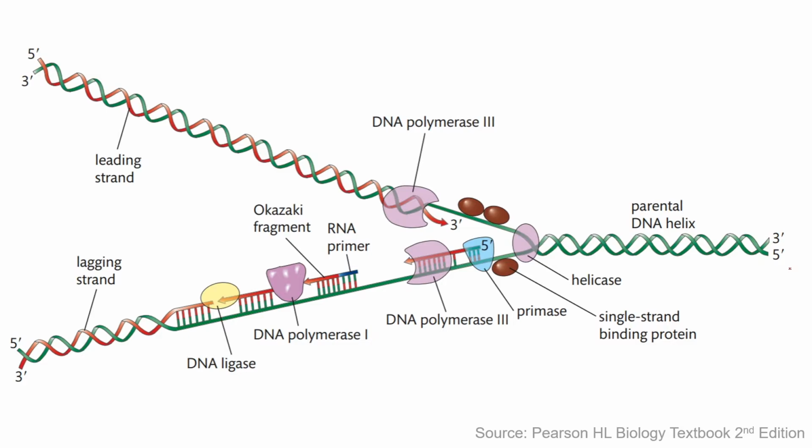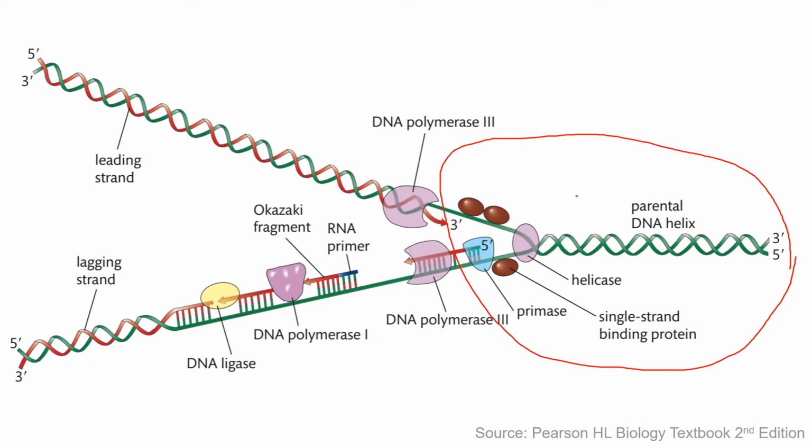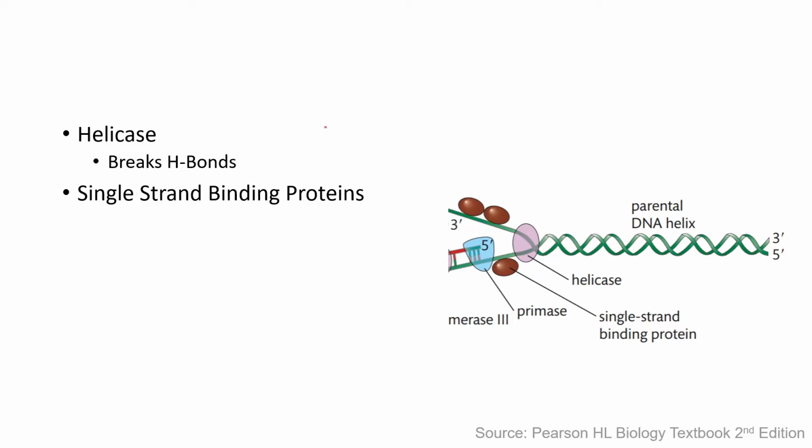If we first take a look at this section here, the first section, where the parental DNA helix, helicase, and the single-strand binding proteins are, the job of helicase itself is to break the hydrogen bonds within the double-stranded DNA. As you can see here, the parental DNA first begins double-stranded, and then it's separated into two separate strands. However, we established earlier that under normal circumstances, as hydrogen bonding is very strong, those bonds will just form back again.